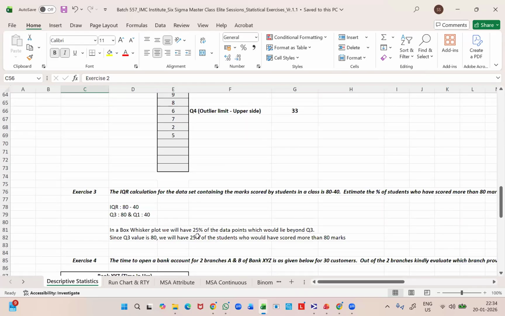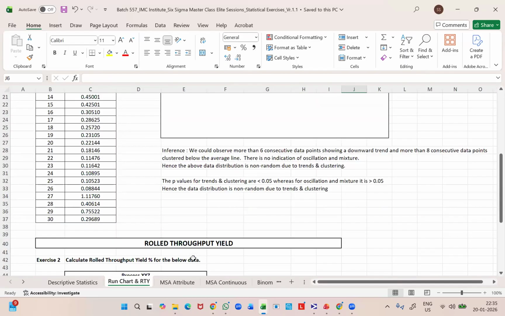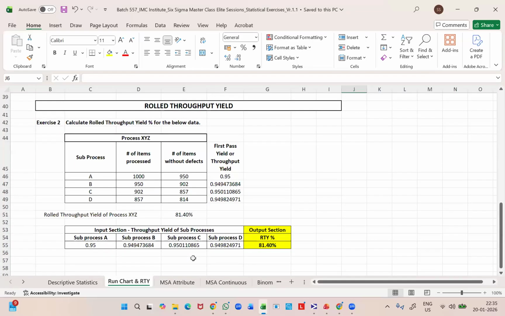Right? And there can be a question with regard to identification of the percentage of data points that would lie beyond Q3. So we know in the box whisker plot, we will have 25% of the data points that would lie beyond Q3. So that is the correct answer for this question. And then you will be asked to perform the rolled throughput yield calculation.